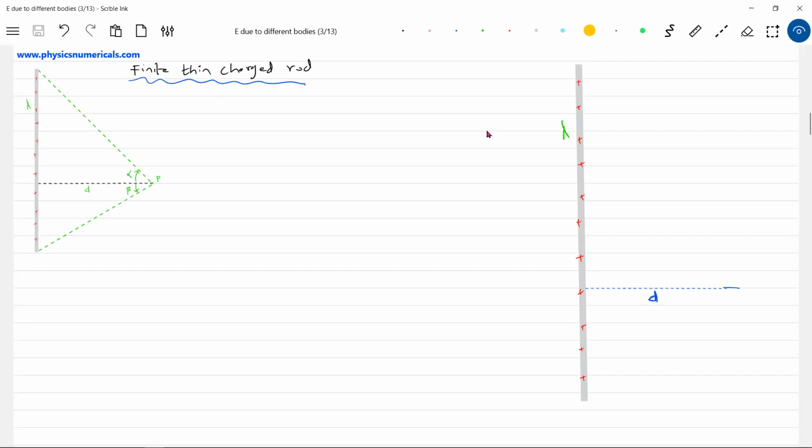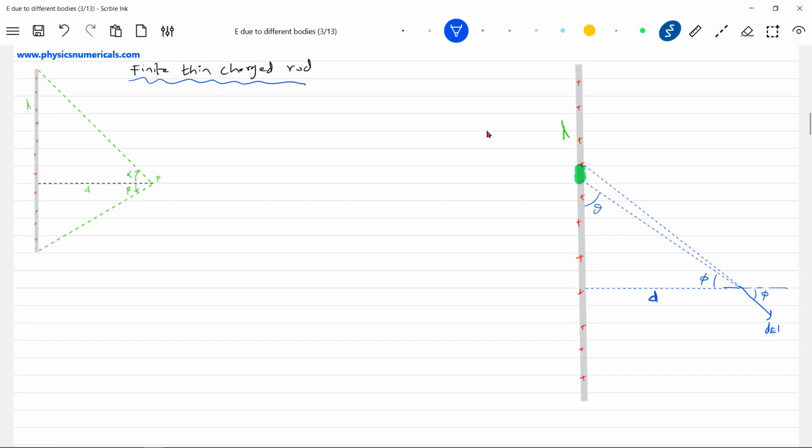Okay, let me begin. I'll feel bored sitting idle like this. I'll start this one. Let me assume a small element here, this will be dE dash. So this angle, let it be theta.